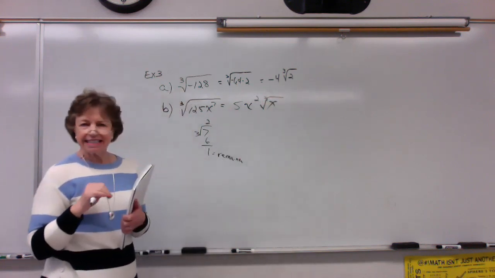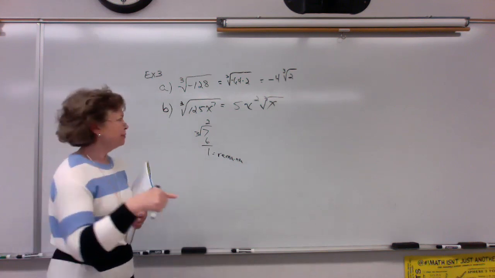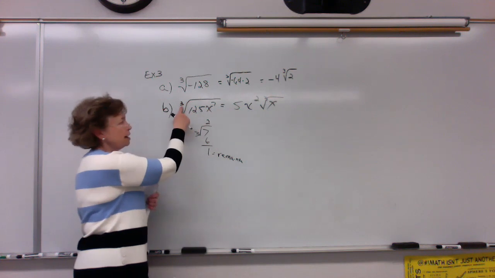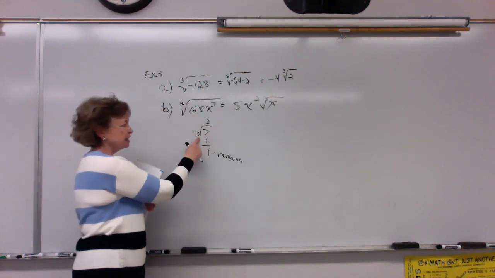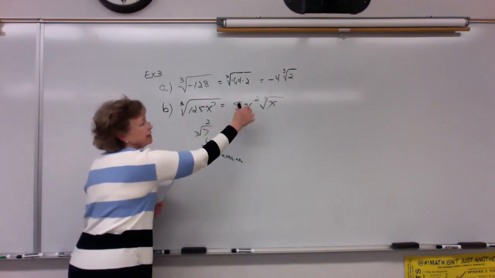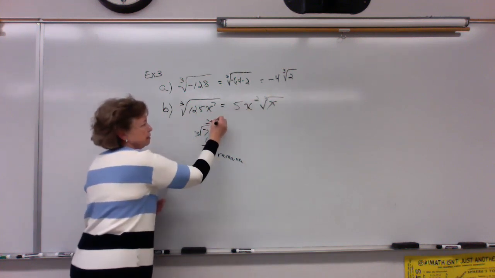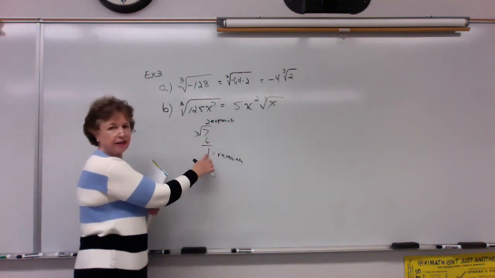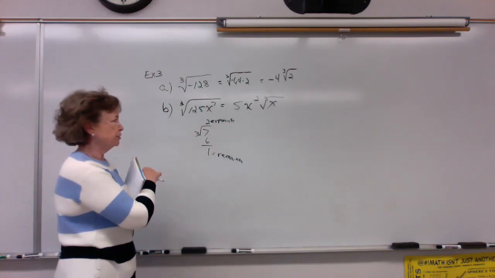If this is confusing, play the video one more time. I'm dividing that exponent that's underneath the radical by the index. So 7 divided by 3. How many times is that? 2. So that's the exponent for the variable on the outside of the radical. This is the exponent of the variable underneath the radical.